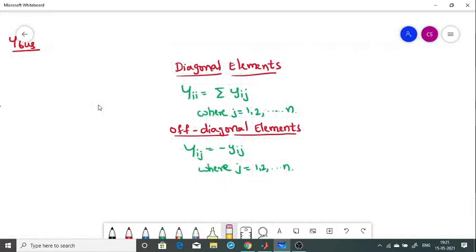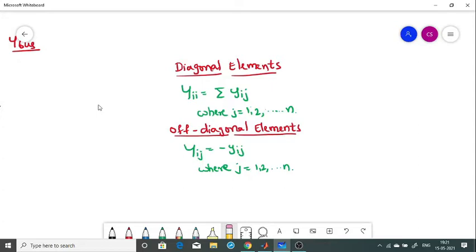In order to find the diagonal elements, this is the formula: capital Yii is equal to the sum of small yij. Here i is a bus number and j is a bus number from 1 to n. In order to find the off-diagonal elements, capital Yij is equal to minus small yij, where n indicates the number of buses.